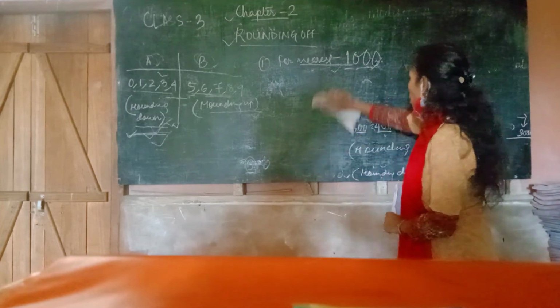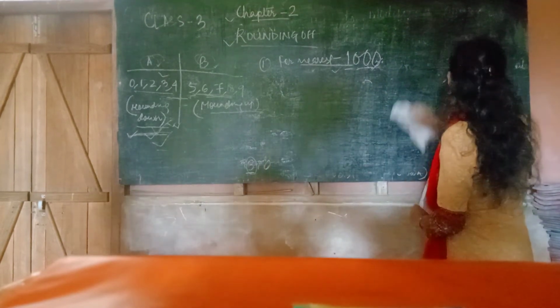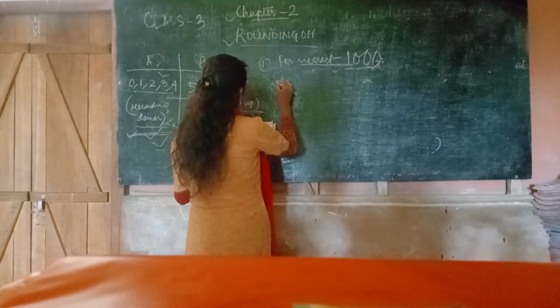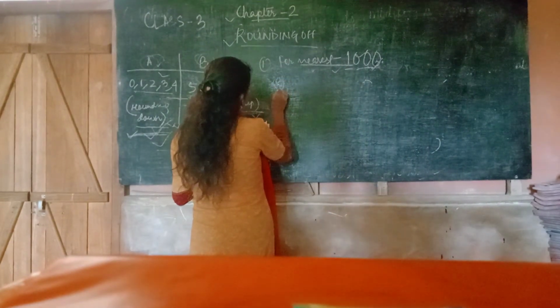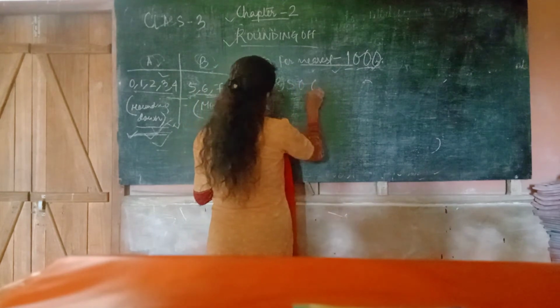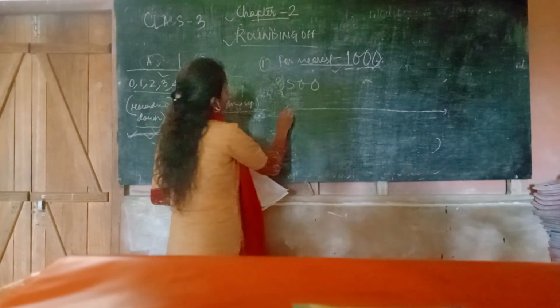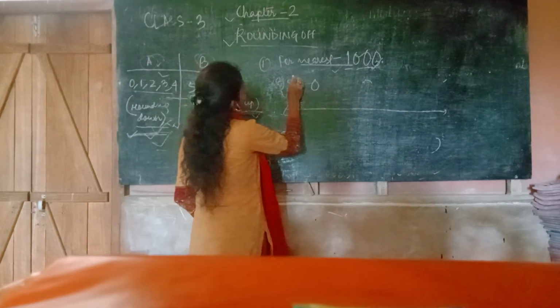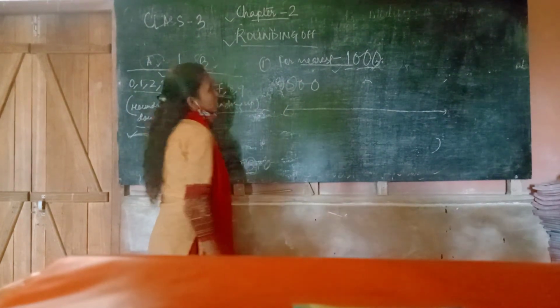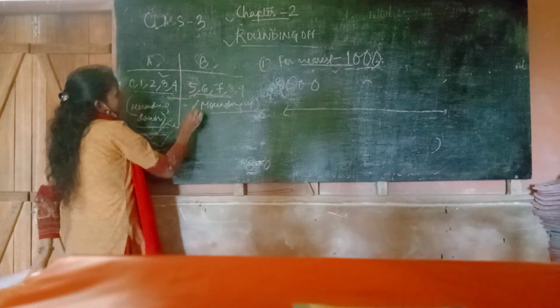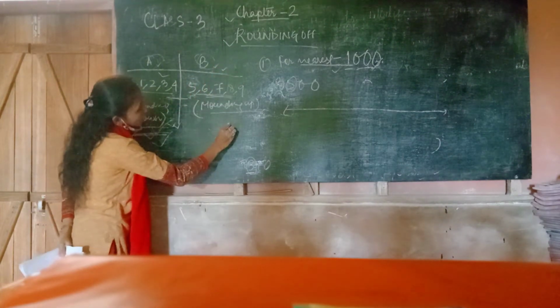One more question I am giving you for 1000. For example, 3500. Here you can see the digit in the hundreds place is 5, meaning column B, that is rounding up.